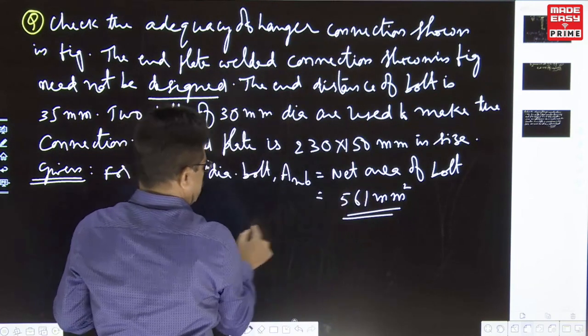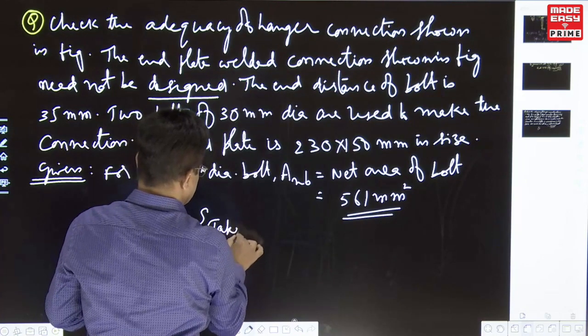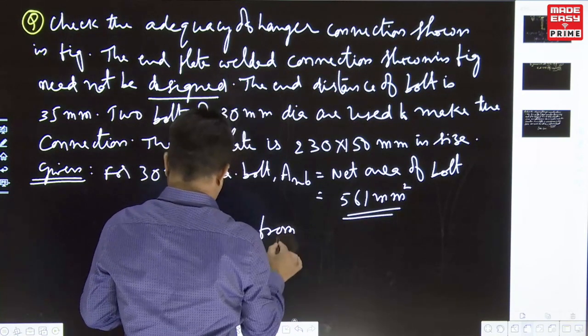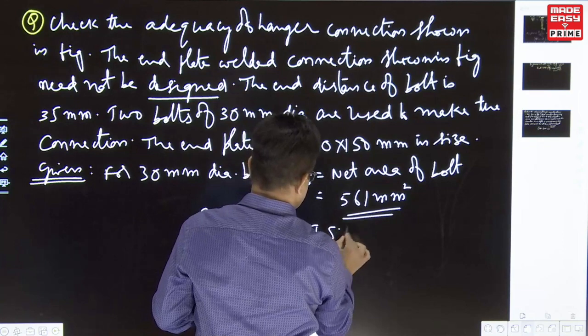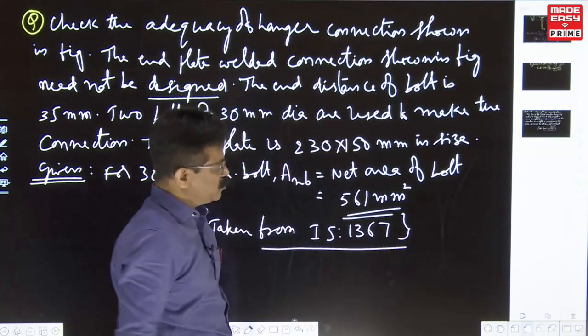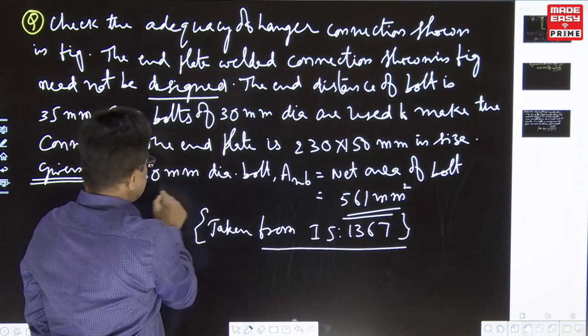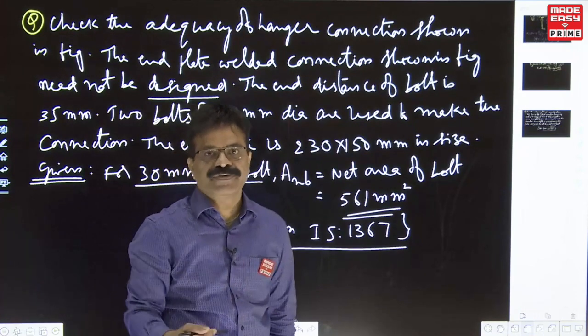These values are taken from IS 1367. From this code book, they have given the list for each diameter of bolt of what the net area is.